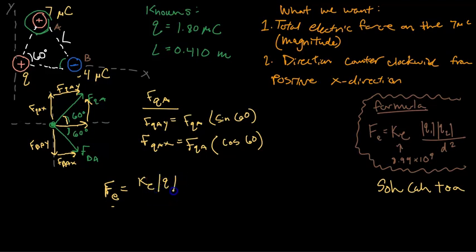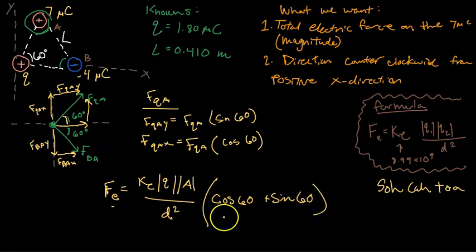So this will be the charge of q and the charge of A all over distance squared. Since they're both positive, we'll just do the cosine 60 plus sine of 60, and this should give us our i hat and j hat components.